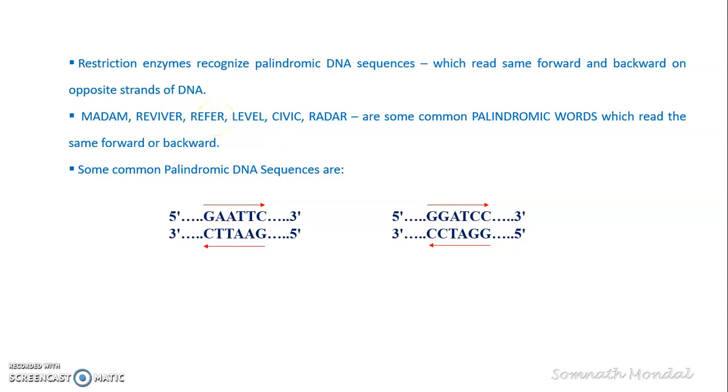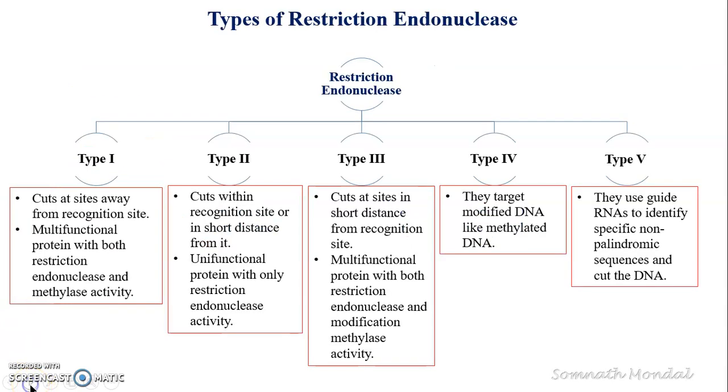Some similar palindromic DNA sequences are these: GAATTC, 5' to 3', and that reads the same on the other strand of DNA, also 5' to 3', GAATTC. And this is another example, 5' to 3', GGATCC. Again on the other strand, 5' to 3', GGATCC. So restriction enzymes specifically recognize these sorts of DNA sequences.